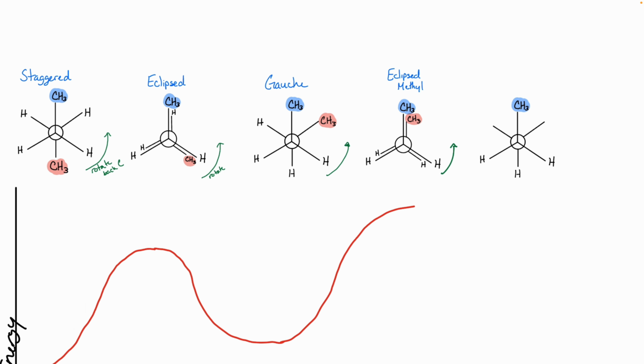Notice what's happening to my back carbon, my red methyl group here. As I'm rotating, it's going around and around that molecule. So now it's going to be over on this position here.